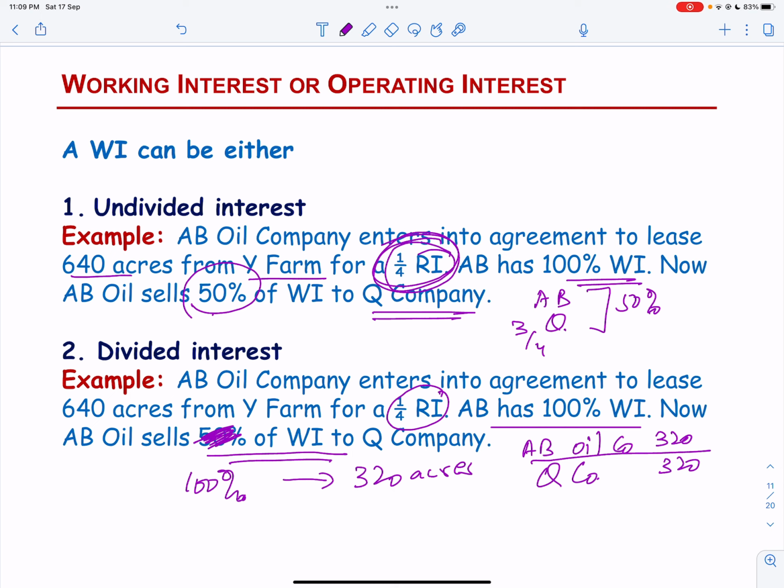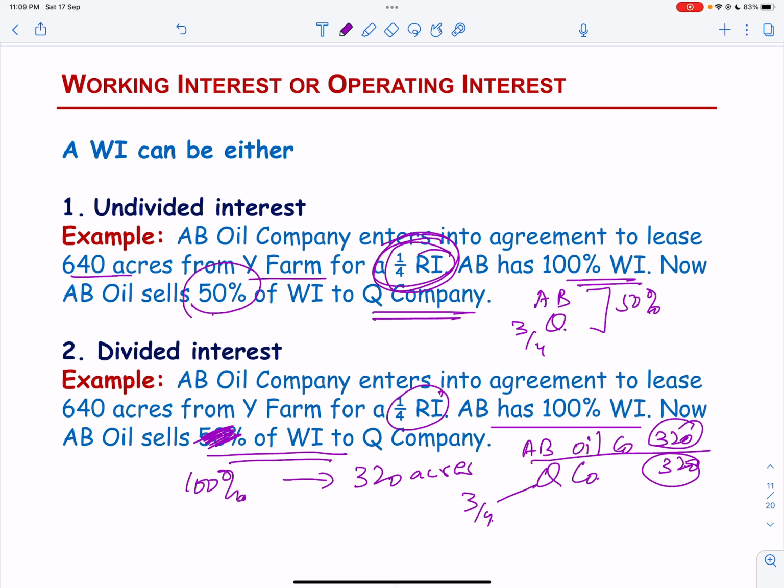So AB Oil and Q Company are responsible for paying 100% of the cost of exploring, developing and producing their 320 acres, and each would be entitled to 100% of 3/4 of the gross revenue generated from the 320 acres.